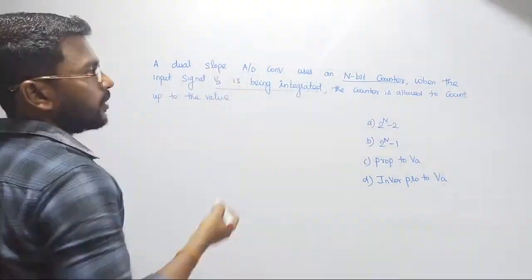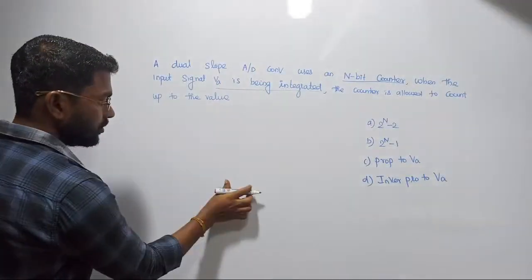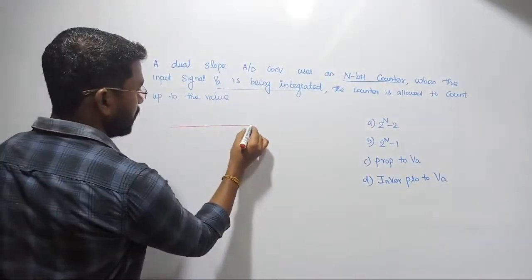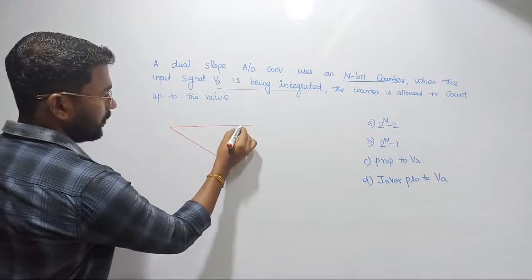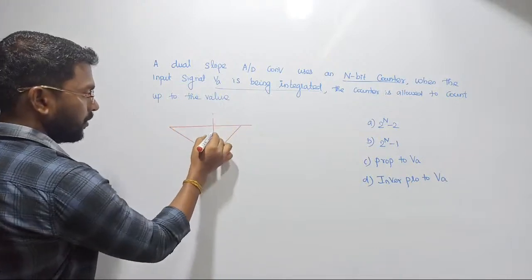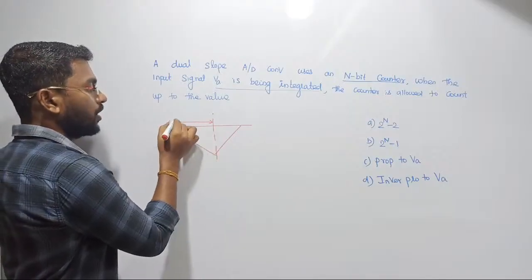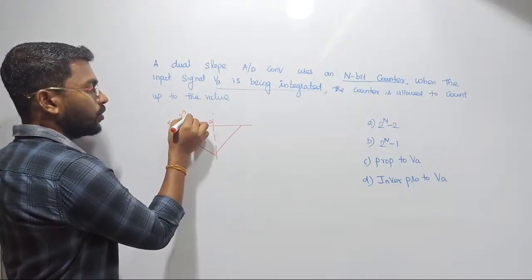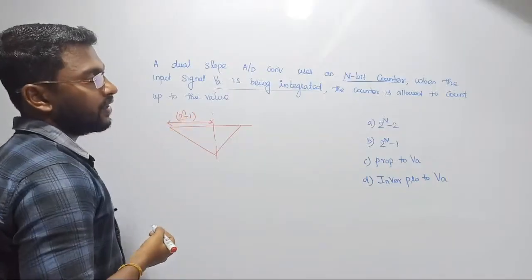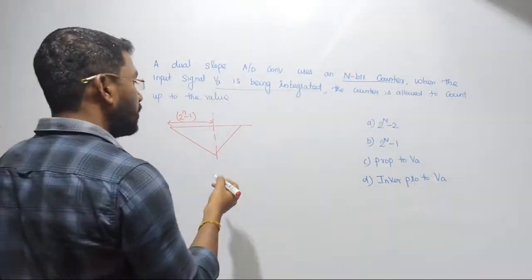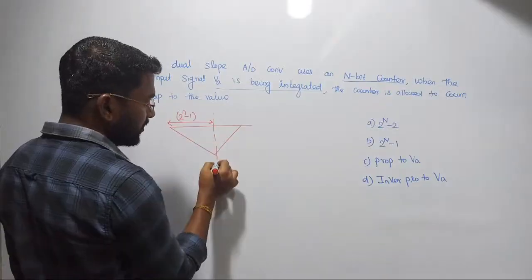See, what is the question? Given is the dual slope analog to digital converter once again. In the dual slope converter, first your counter is going to count up to t1, that is 2 power n minus 1 times of t clock. Then the counter is allowed to count up to the maximum count.